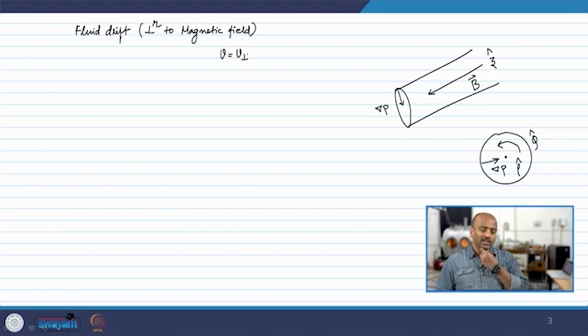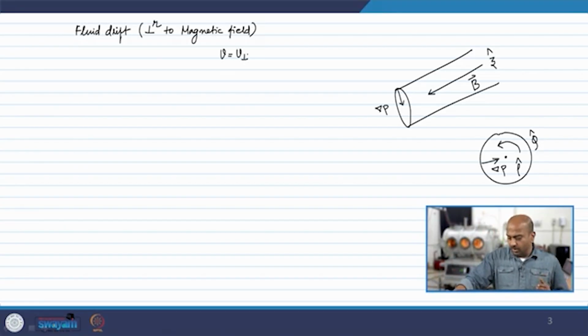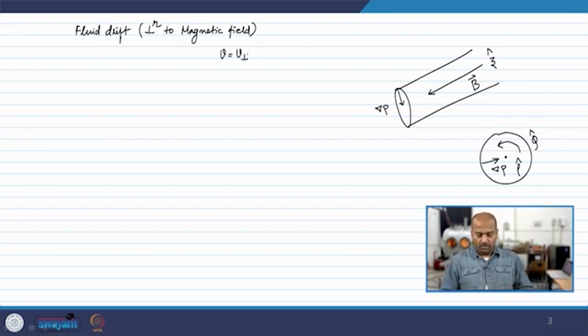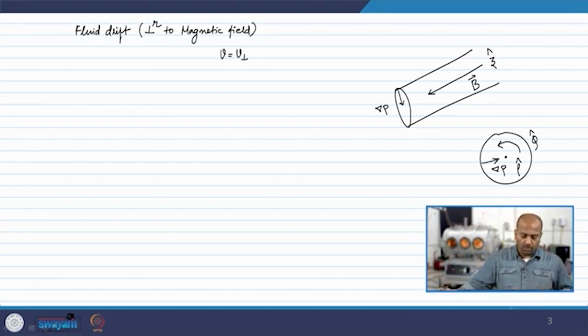Now, we have to consider a limiting condition for the velocity. Let us say the velocity v perpendicular is small in comparison to the cyclotron motion of the particle. We are limiting the value of v perpendicular to be something that is below the cyclotron frequency or cyclotron motion, right.